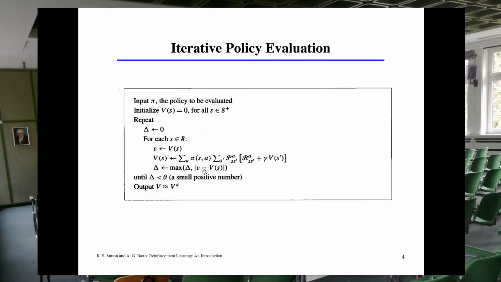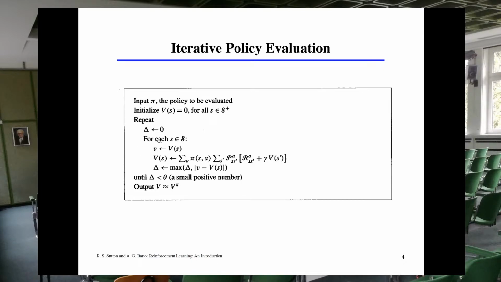You compute this difference, you consider only the absolute value, these bars are for absolute value, and then you compare with delta. If this difference is larger than delta, so if that is the maximum, then you assign that value to delta. So that's going to be the new value for delta.